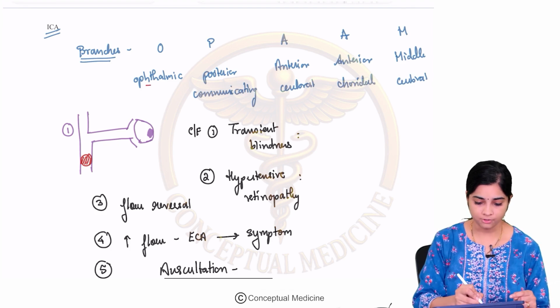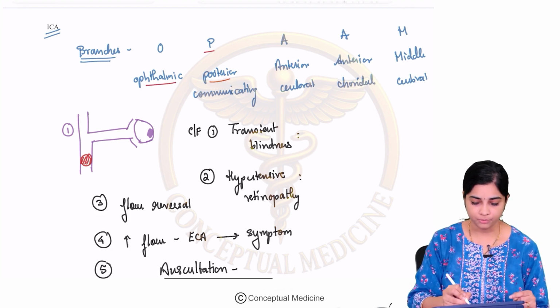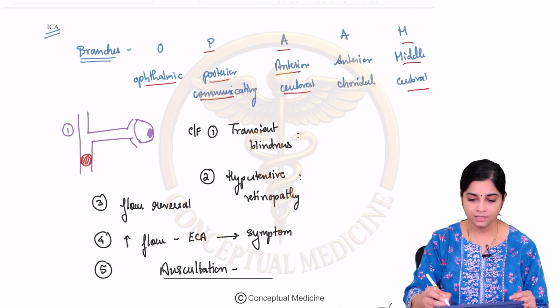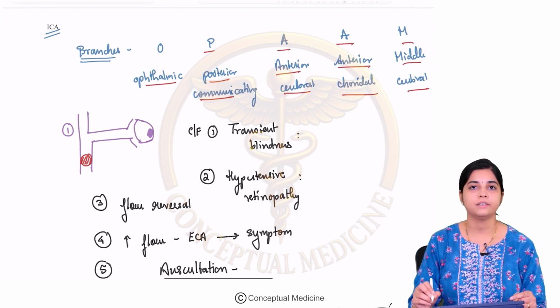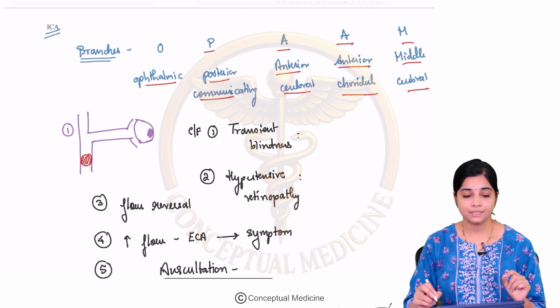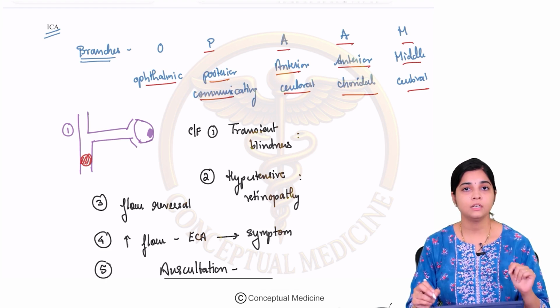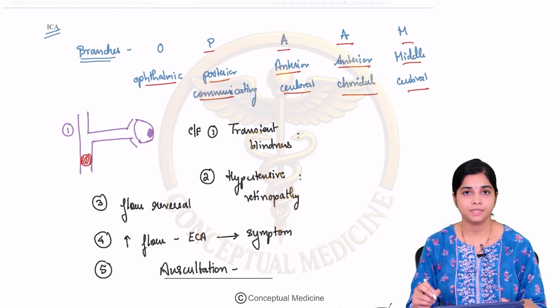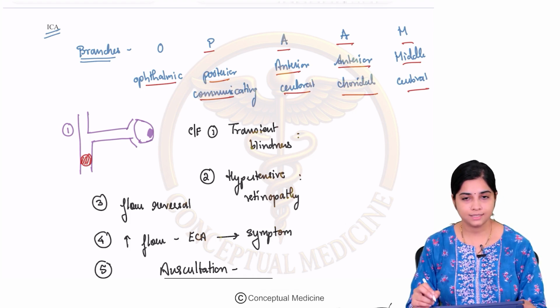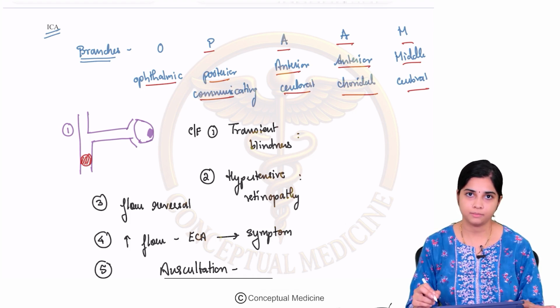O stands for ophthalmic, P stands for posterior communicating, A is your ACA, M is your MCA, and the other A is your anterior choroidal.